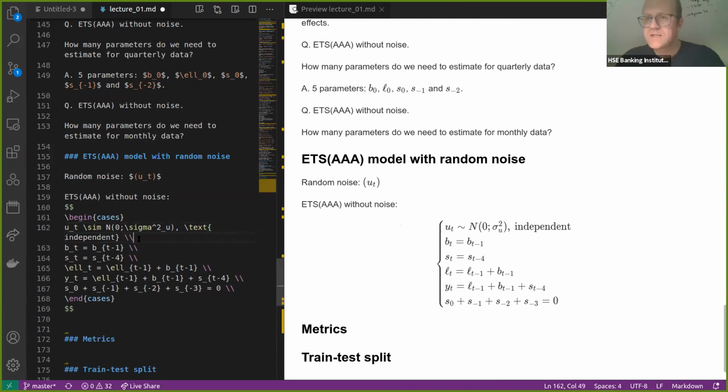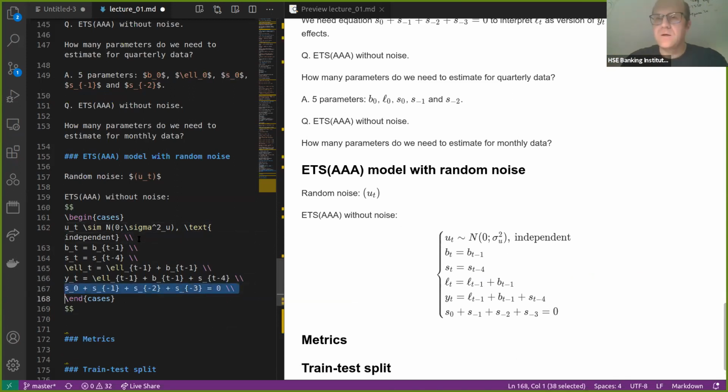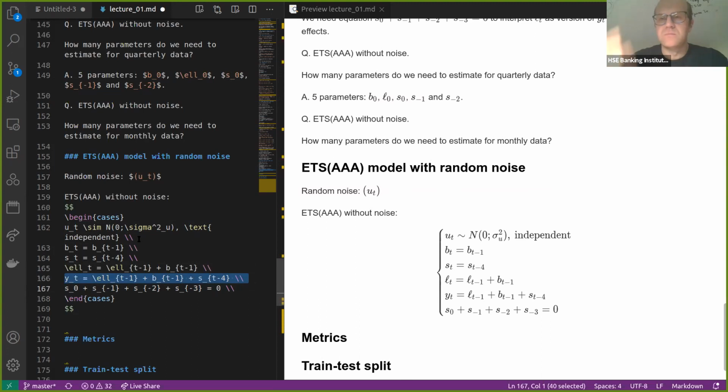Okay, now let's introduce noise into the equations. Obviously, if something random happens, for example, imagine that our YT is some, I don't know, consumption. And imagine that something positive happens, maybe with wages.